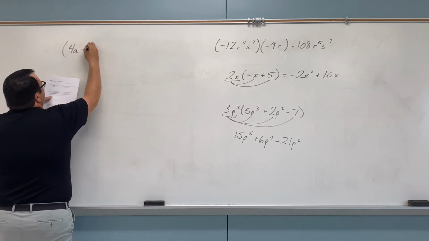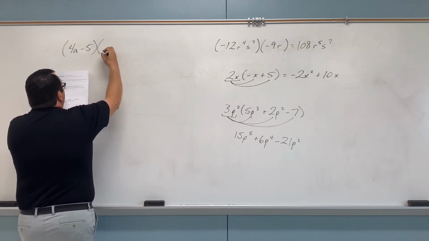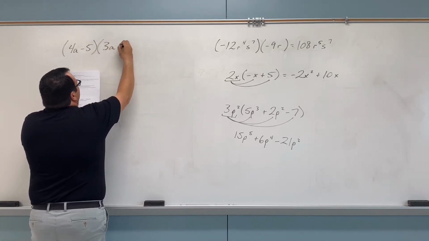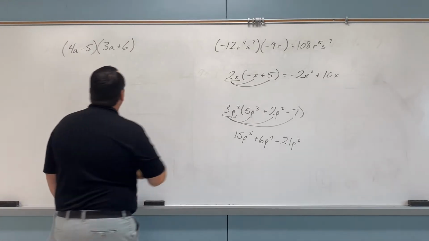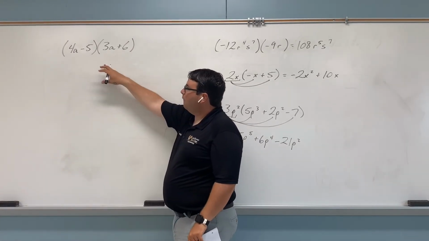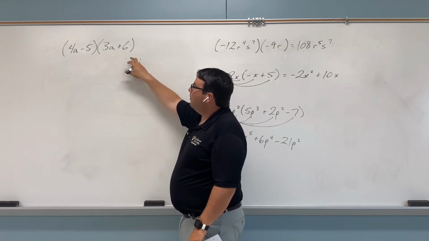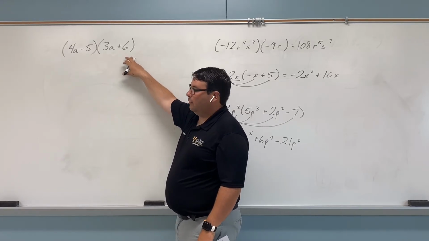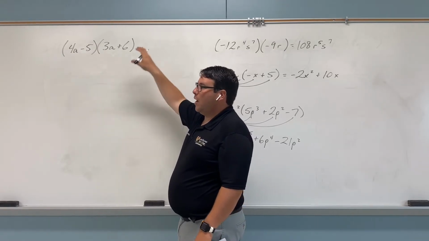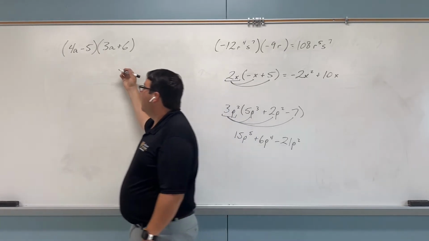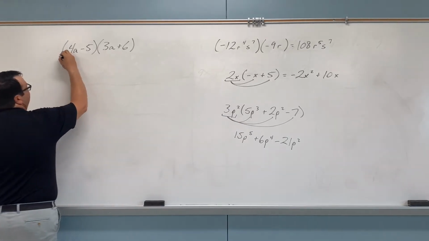I'm going to show you the first one based off of distribution, which is what we have been doing. Now in this first example, I have a binomial 4a minus 5 times another binomial 3a plus 6. I'm going to use the distribution method just to show you how this works mathematically. And then I'll show you a shortcut method as well.